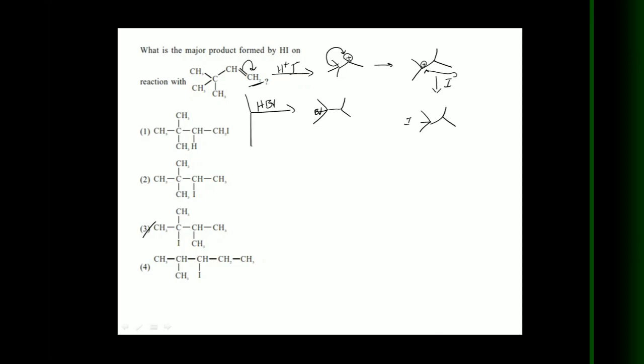Now suppose you see this HBr in the presence of peroxide. Here in the presence of peroxide, anti-Markovnikov addition takes place. It follows a radical mechanism. In a free radical addition reaction, there is no rearrangement actually. Here HBr in the absence of peroxide is an ionic mechanism, nothing but electrophilic addition reaction.